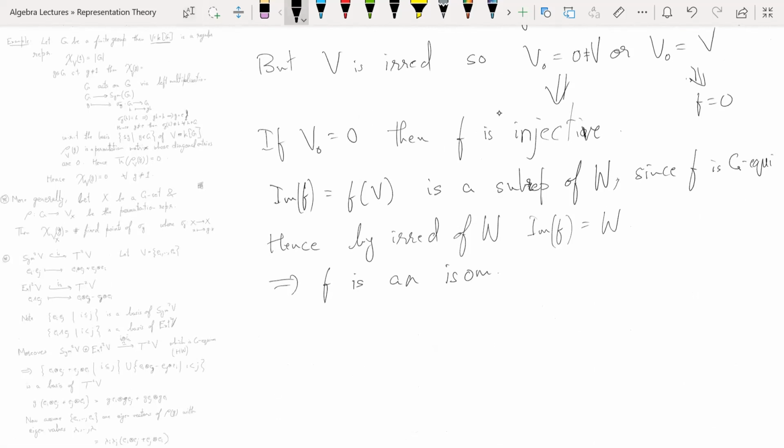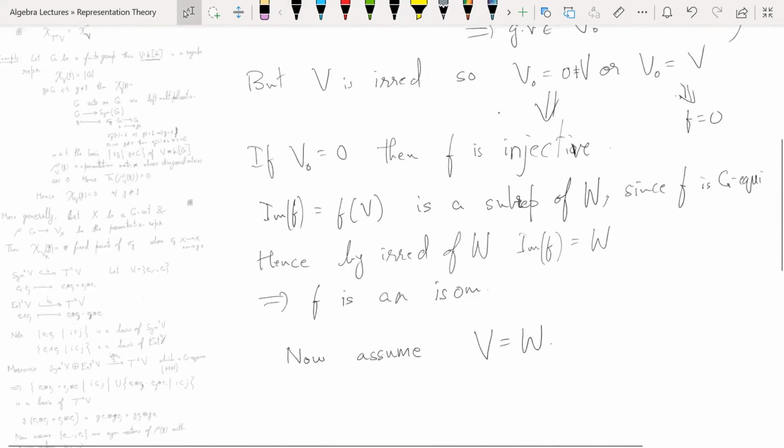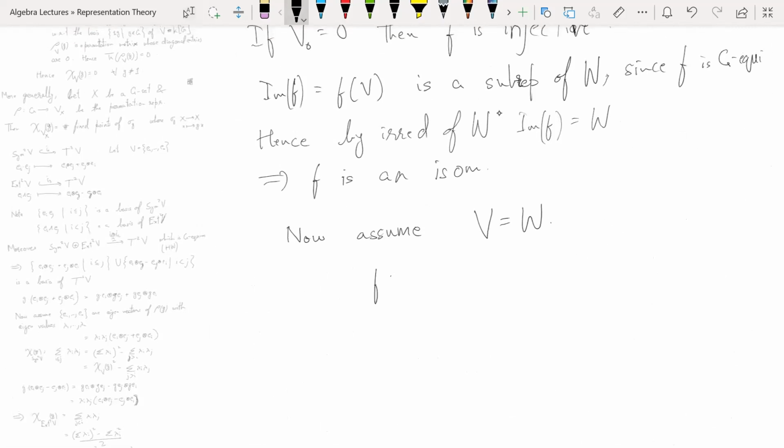So now assume V is equal to W, and so f is an endomorphism of V, f from V to V. If you have any endomorphism, then you also have an eigenvector, an eigensubspace.